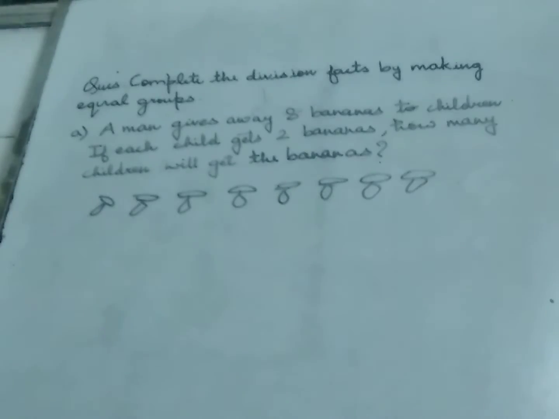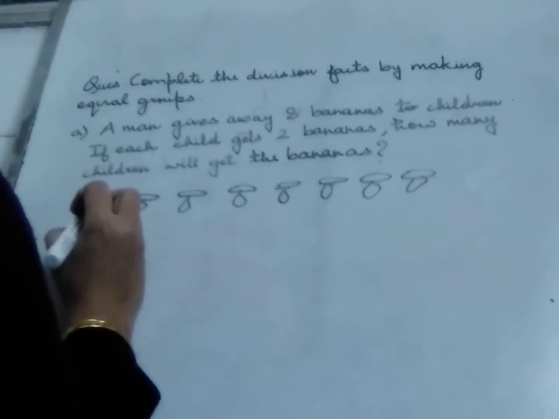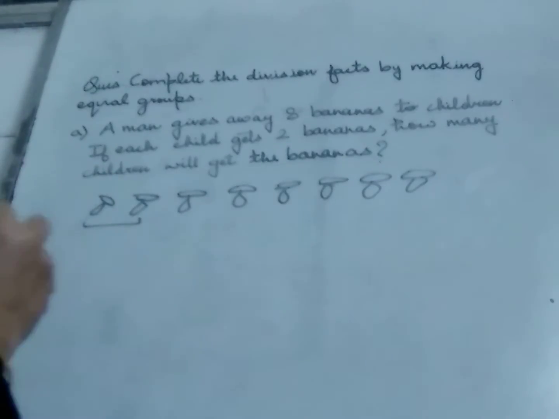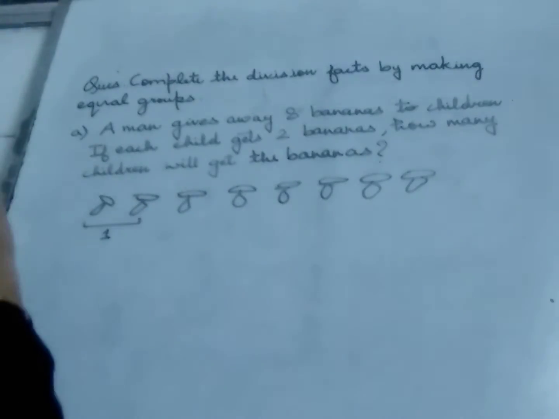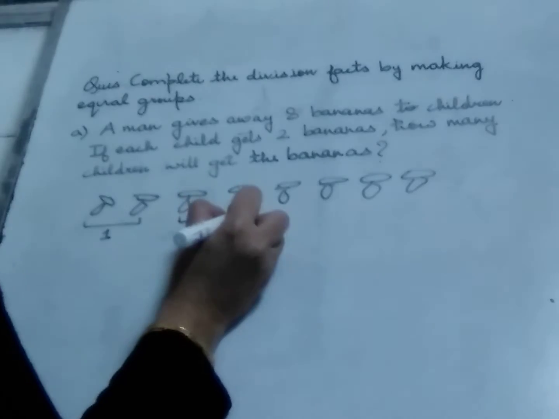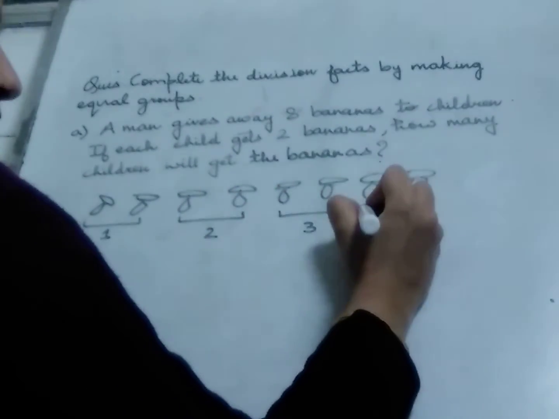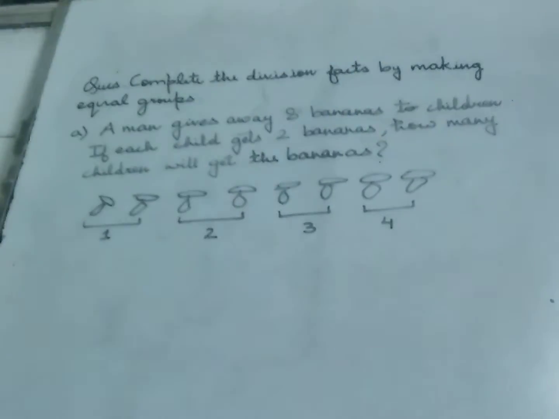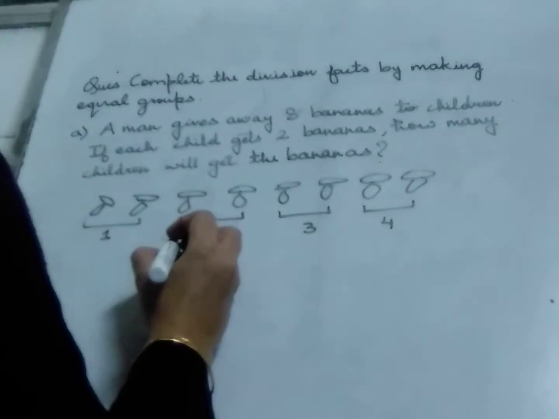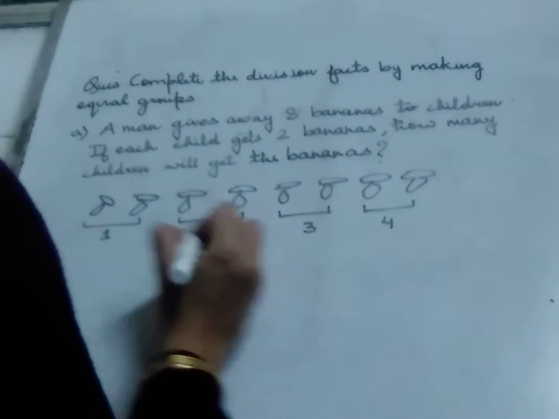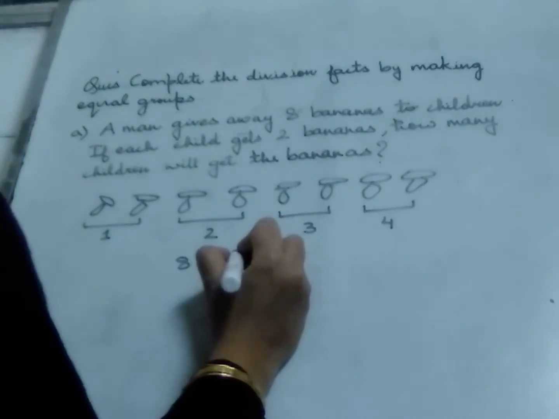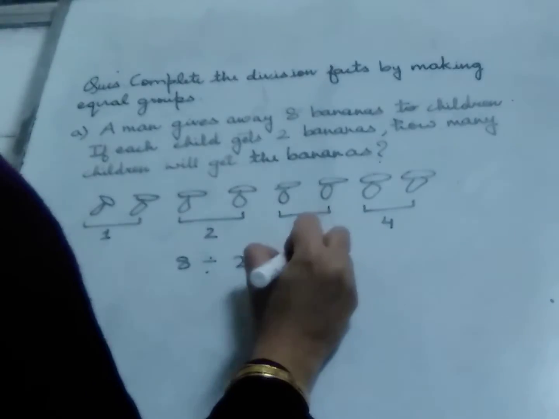Now it's said if each child gets 2 bananas, then make a group of 2 bananas.